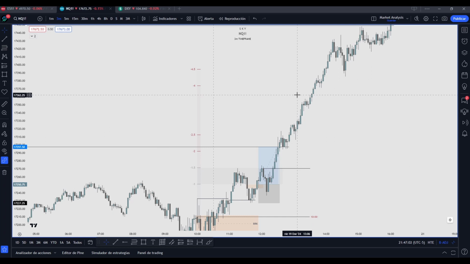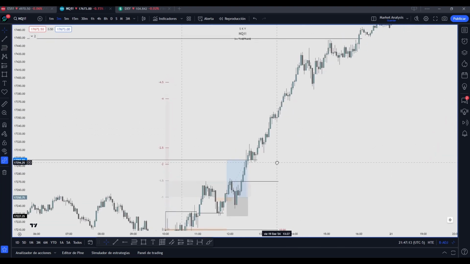Just because you know the draw on liquidity, price is not necessarily going to do what you think it will, the movement of the market. So there's always a margin of error present. So you can get stopped out, maybe, but it would be weird.